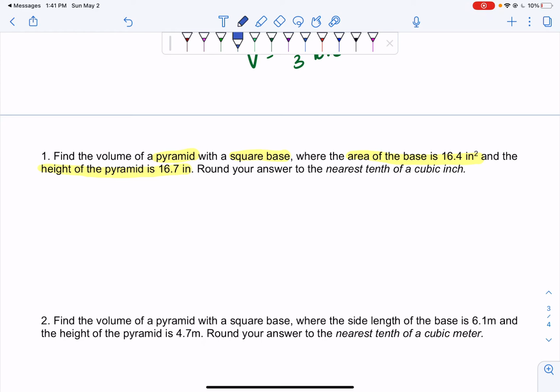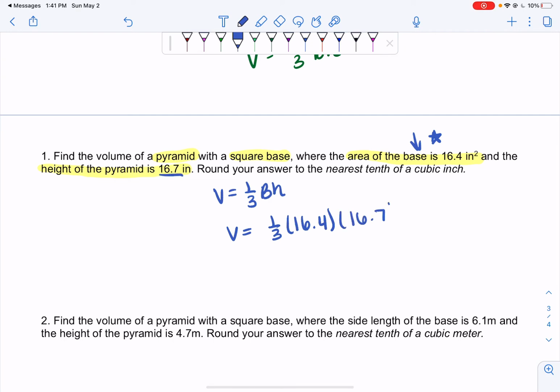So we know our volume of a pyramid formula is volume equals 1/3 BH, where B is the area of your base. If you look, the question's already telling us the area of our base. We know it's 16.4. And now we want our height, which is the height of our pyramid, and in this case, we know our height is 16.7. Now we just multiply those all together.